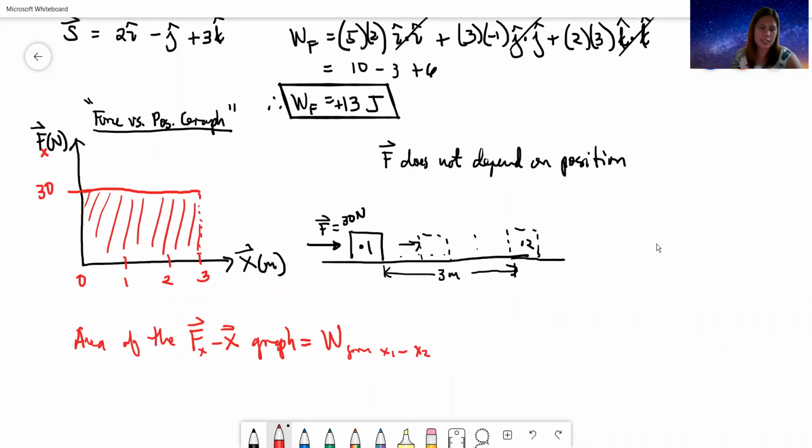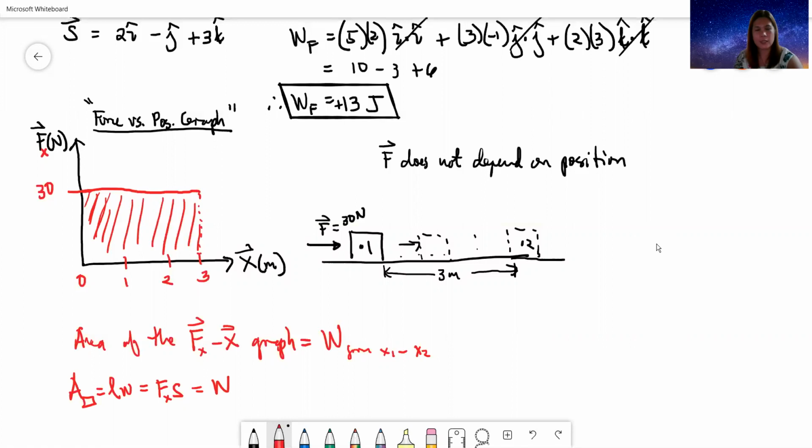So, in this case, since it's just a rectangle, the force is positive, position is positive. So, the area of the rectangle is just length times width. So this is now equal to, the length is force x, and then the width is change in position. So therefore, this is now equivalent to the work done.